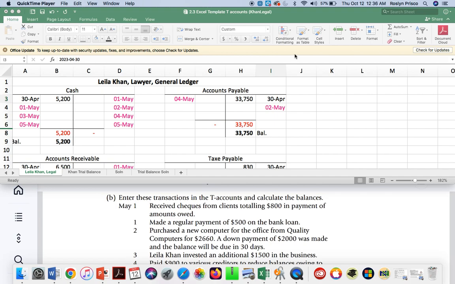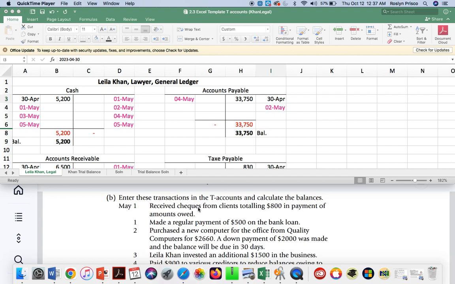So here we go. I'll just do a couple of transactions because we've already done this in another lesson, but just to refresh. May 1st, I received some money from my clients, $800 in payment of amounts that they owed the business. So right off the bat, we know we're dealing with cash and accounts receivable.